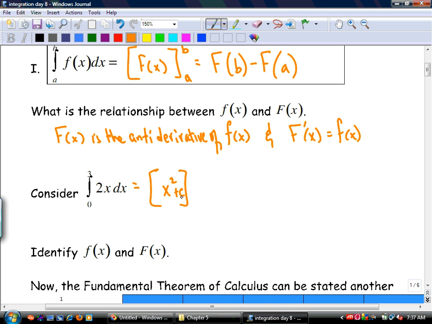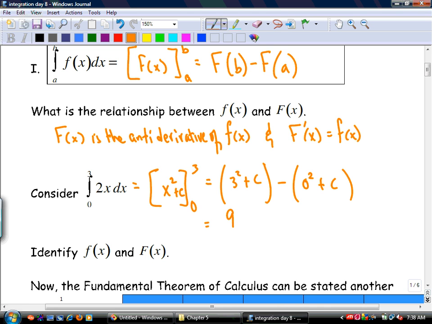I got lazy. 0 to 3, and we would go 3 squared plus c minus 0 squared plus c, and we all went, why are you still writing down the c's? And we got 9, right? So the area under that curve is 9.